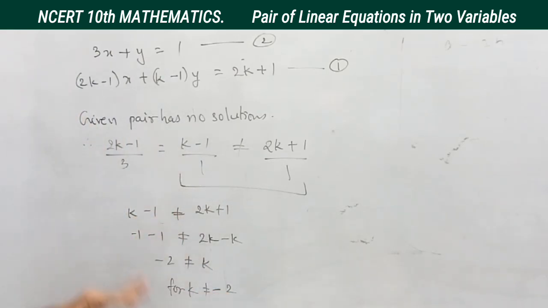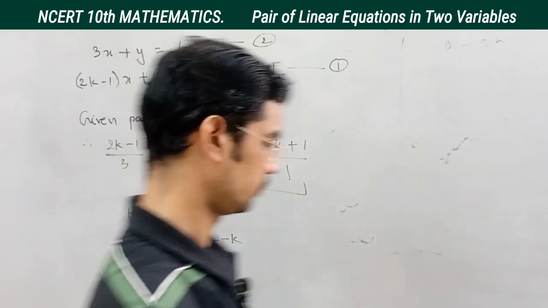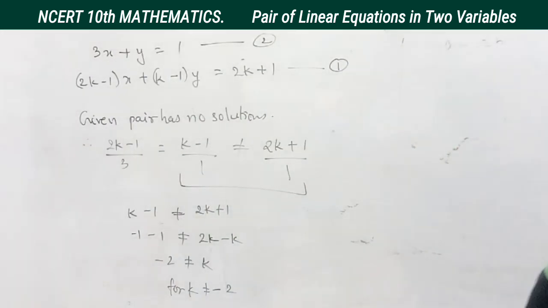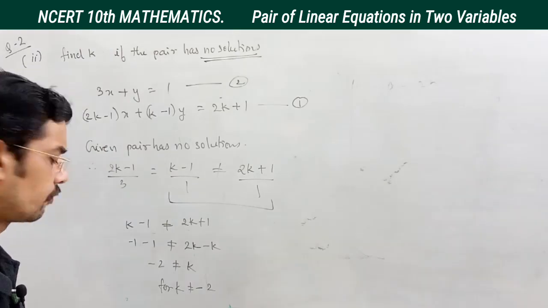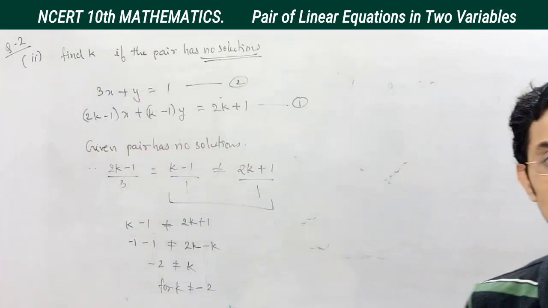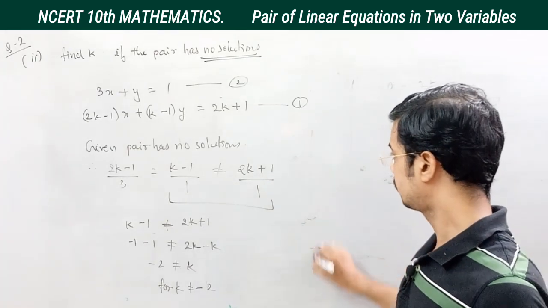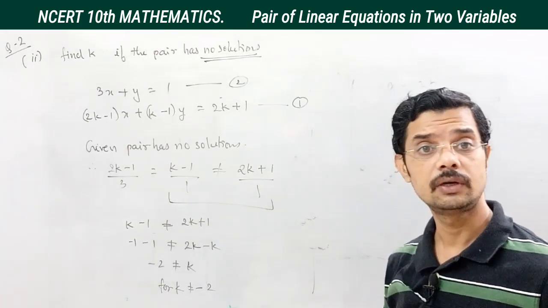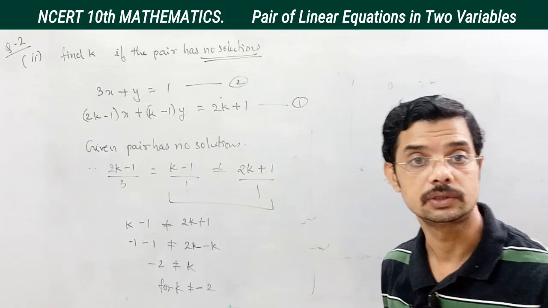If k is equal to minus 2, then it will have solutions. For all values of k other than minus 2, the equation will have no solutions.